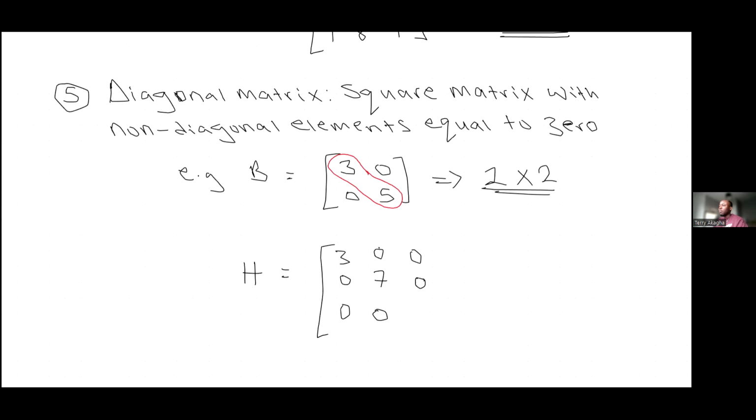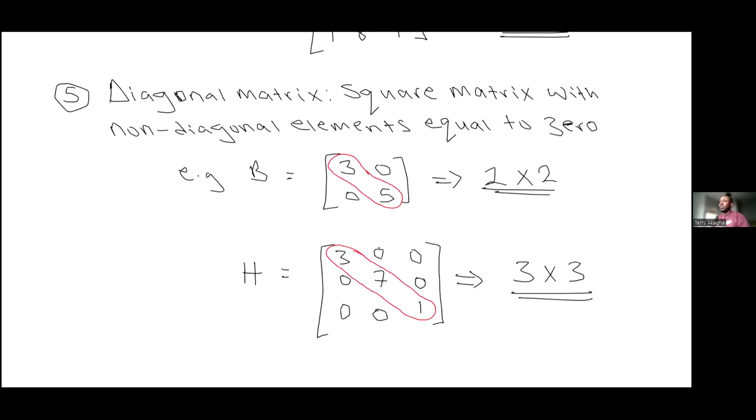It does not really matter. Okay, so now this is a square matrix because it's a 3 by 3. Are you seeing it? But if you look at it carefully, you will see that the only ones that are non-zero are the ones in the diagonal, or the leading diagonal. So that means any number that is outside the diagonal elements is 0, and this is what we call a diagonal matrix.